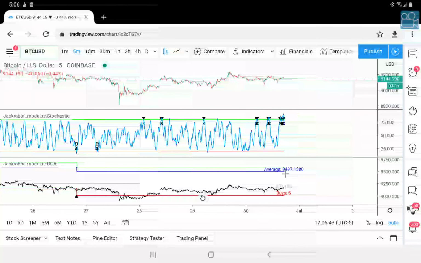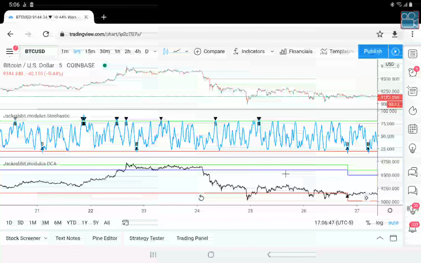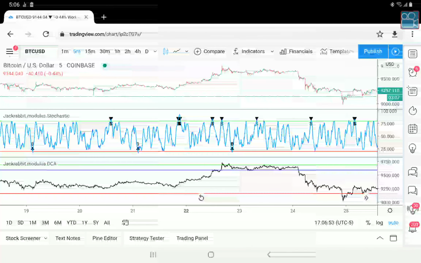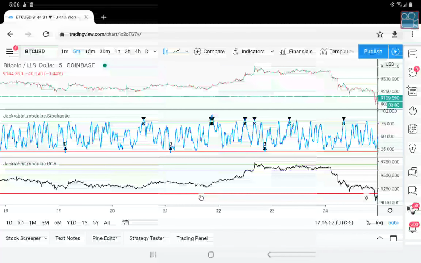So this is one way of using the stochastic, even though it is prone to leading signals, to be able to maximize your benefit. And if you're looking to get out early, rather than strategy, you might use your selling point as take profit.